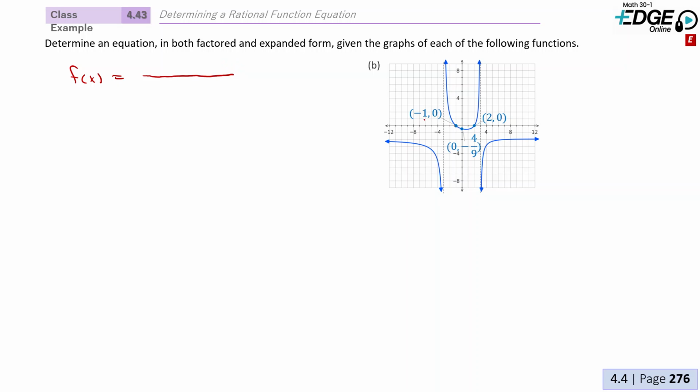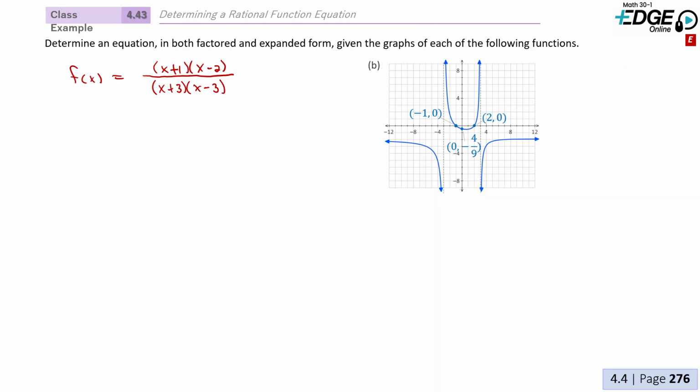We have x-intercepts at -1 and 2, so that would look like x plus 1 and x minus 2. In the denominator, that's where our vertical asymptotes, or non-permissible values, are going to go. We have vertical asymptotes at -3 and +3, so that would look like x plus 3 and x minus 3.